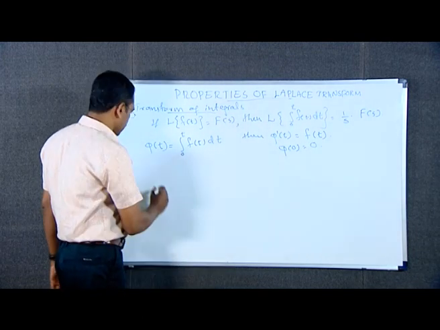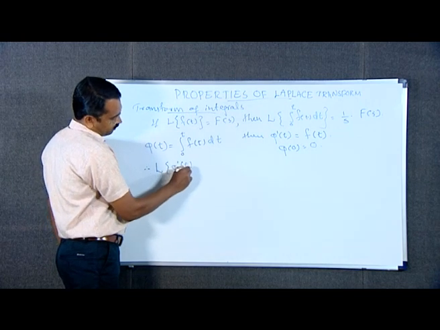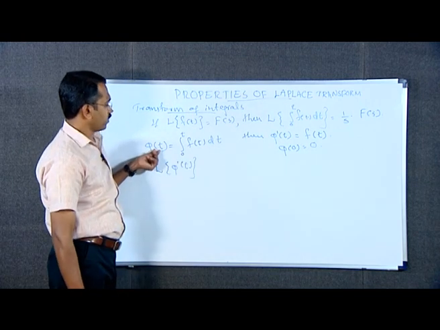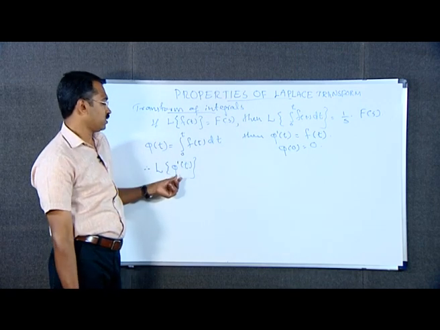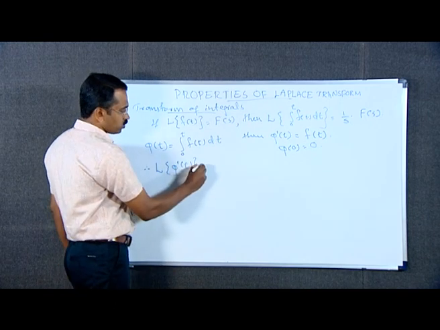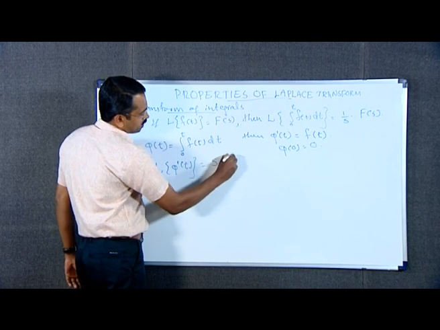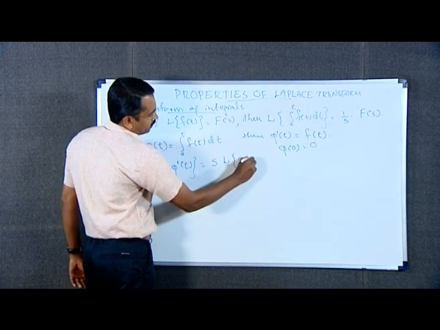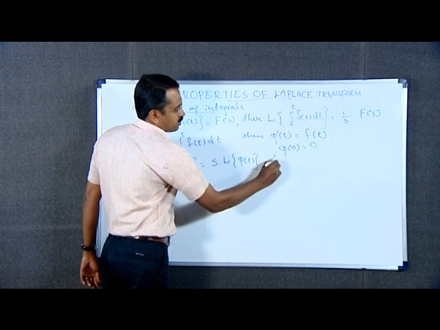Now consider the Laplace transform of phi dash of t. Here phi is a function of t, so we can find the Laplace transform of the derivative of phi, which is equal to s into the Laplace transform of phi of t minus phi of 0.